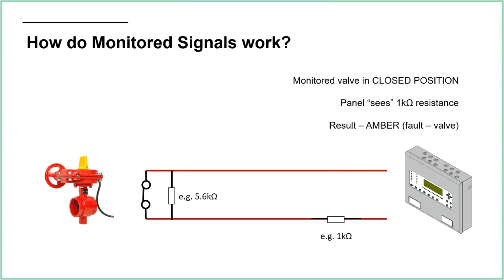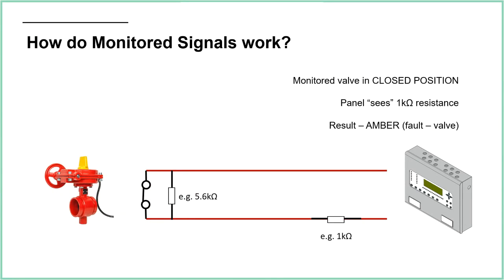Electricity is lazy. It doesn't want to go through a 5.6 kilo ohm resistor if it can help it. So when the switch is closed, the electricity can flow through the switch, bypassing our 5.6k resistor.